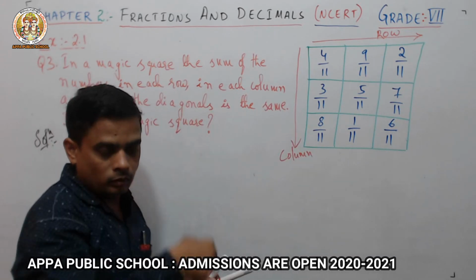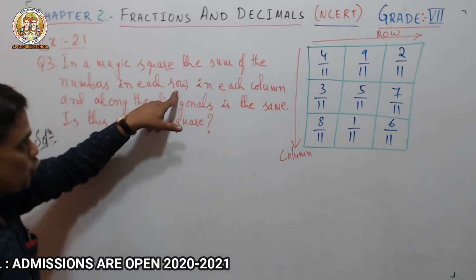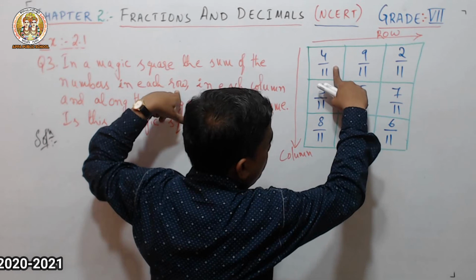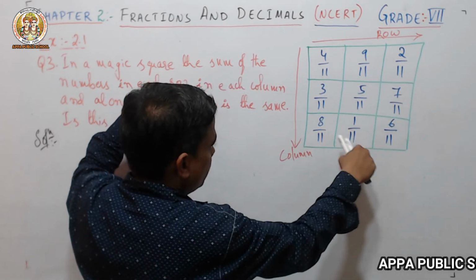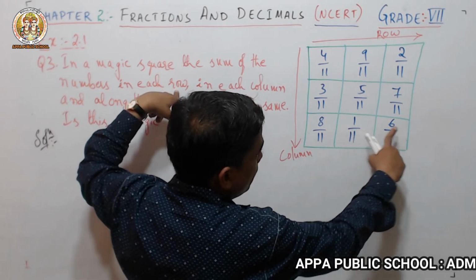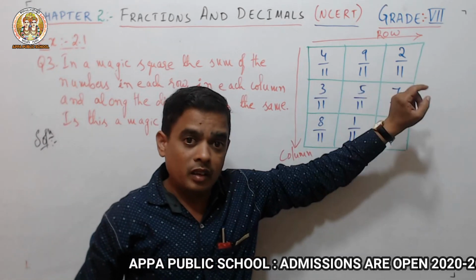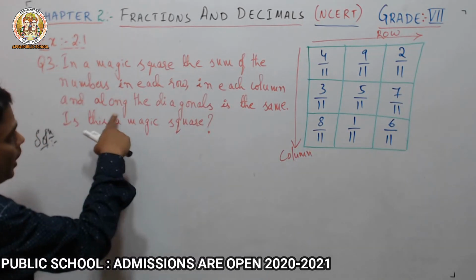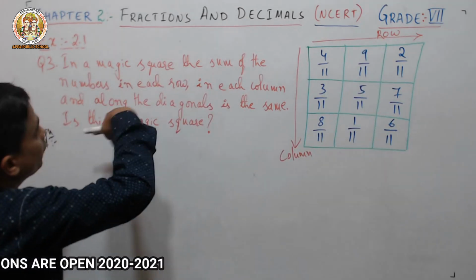Column, a pillar. In a magic square, the sum of numbers in each row, you have to add the numbers in a row: 4 by 11, 9 by 11, 2 by 11, then 3 by 11, 5 by 11, 7 by 11, and the last one 8 by 11, 1 by 11, 6 by 11. See, in a magic square, all the numbers are fractions. Next, in each column, the column also, you have to sum.